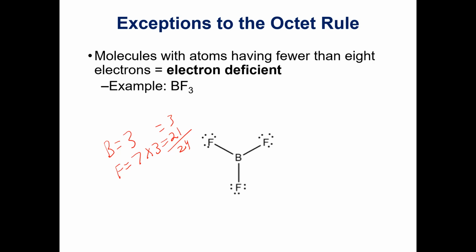Which is how many we're supposed to have. Except for one small problem, that boron does not have an octet. So the only way we can get an octet on boron is if we were to pull one of these lone pairs around here and form a double bond.